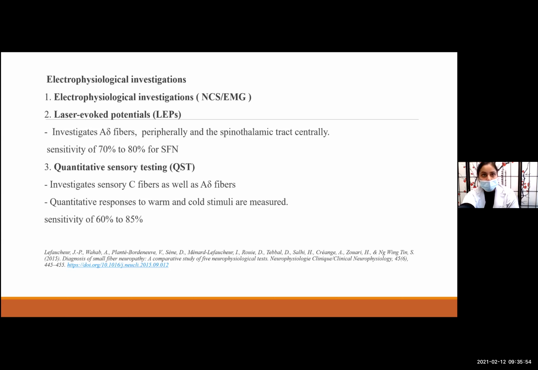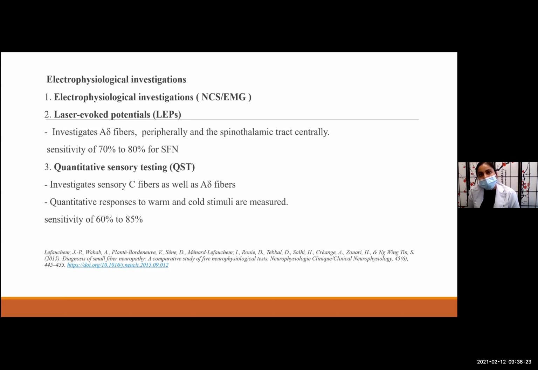So laser evoked potentials. What it does is it uses laser to stimulate your skin, and there are 3 primary outcomes. One is subjective, asking the patient about your pain score, using a numerical rating score. And the others look at the electrical outcome, the amplitude of the electrical transmission, as well as the latency of the electrical transmission.